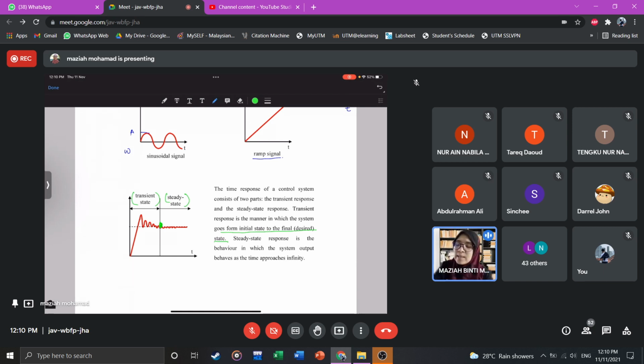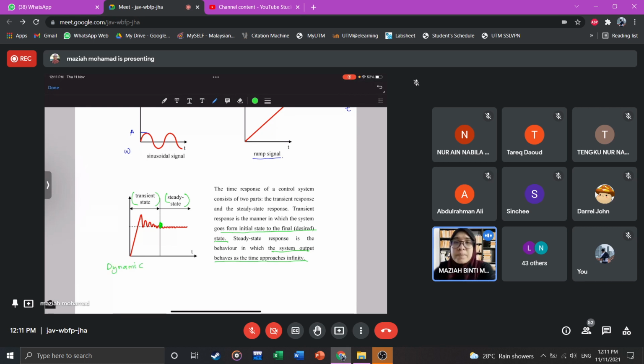Okay, so the steady state is the system output behavior as time approaches infinity, meaning even though you increase the time, you let the system run for a long time, it will not change very much. It will be stable at one value. For the transient state, normally we have a dynamic transfer function.